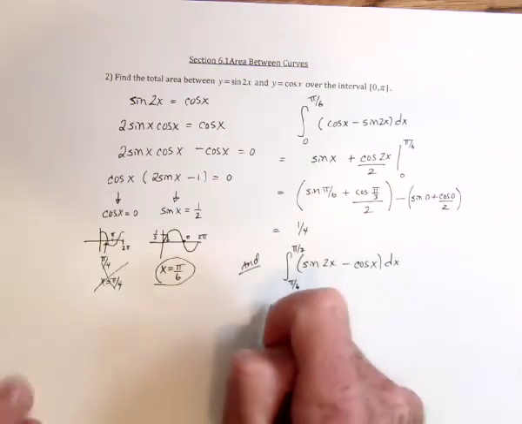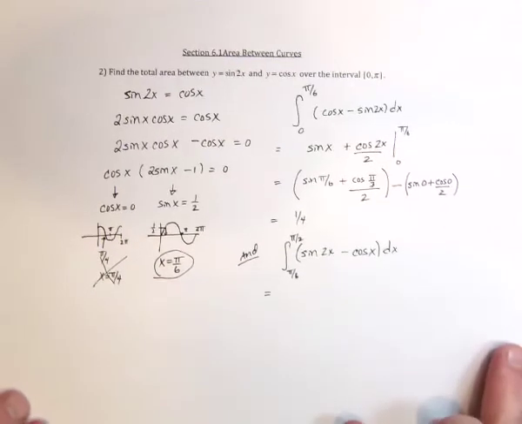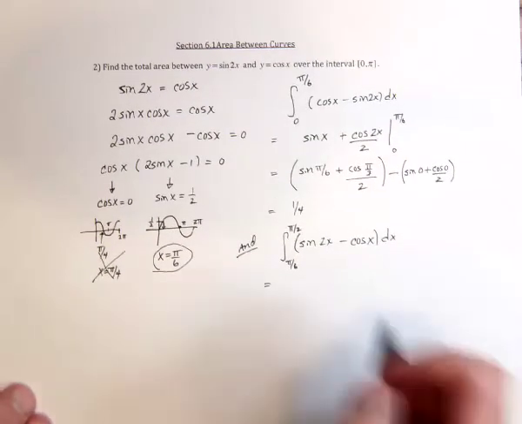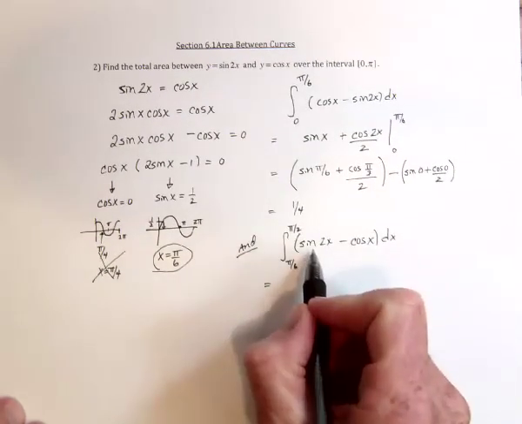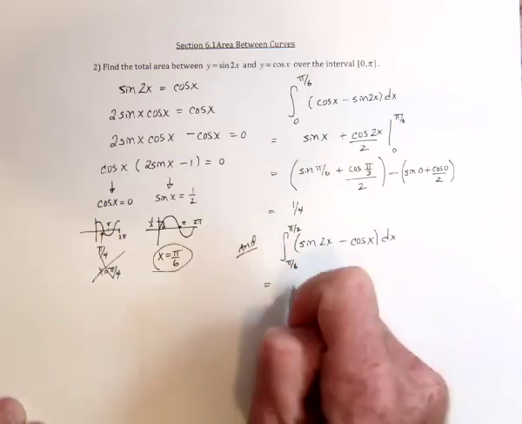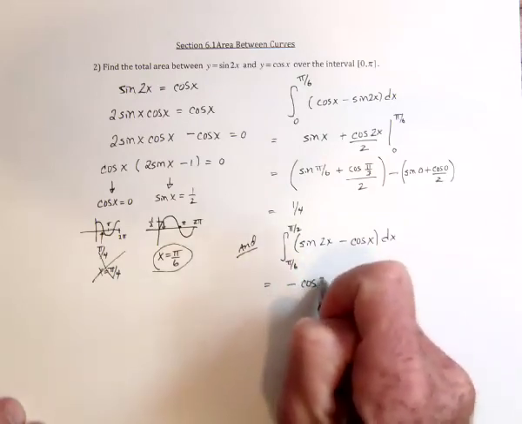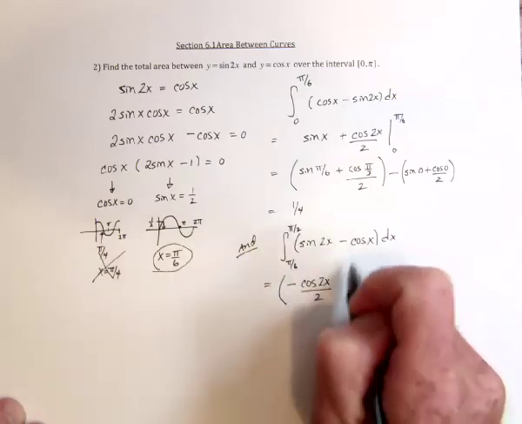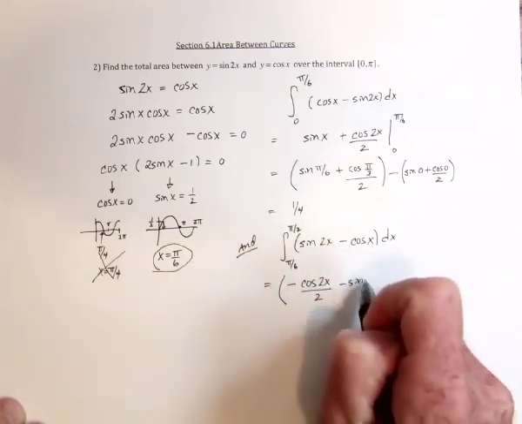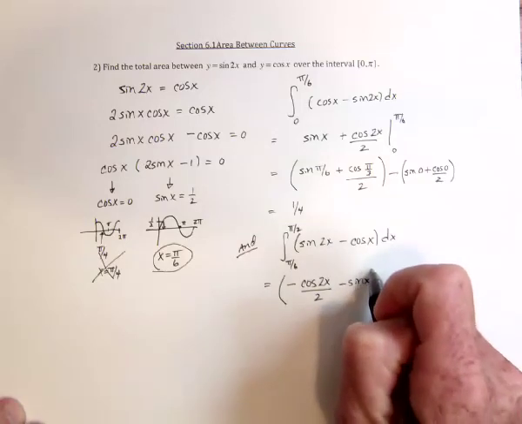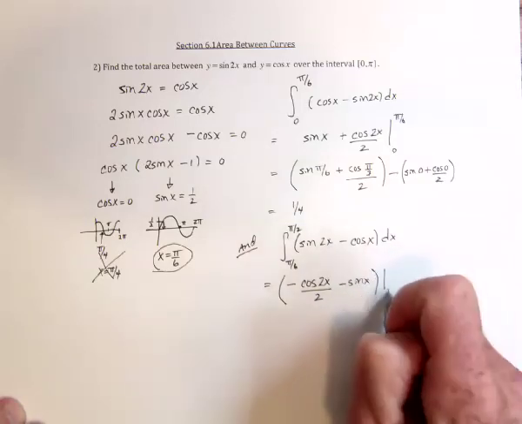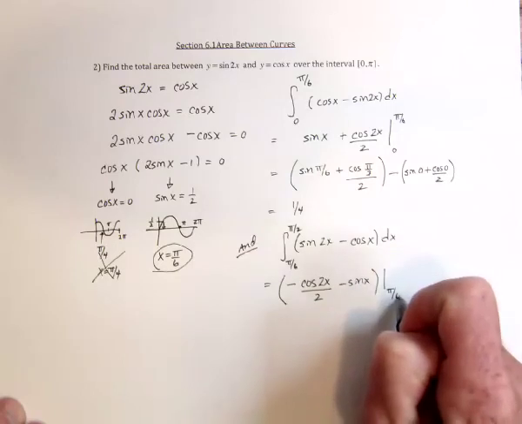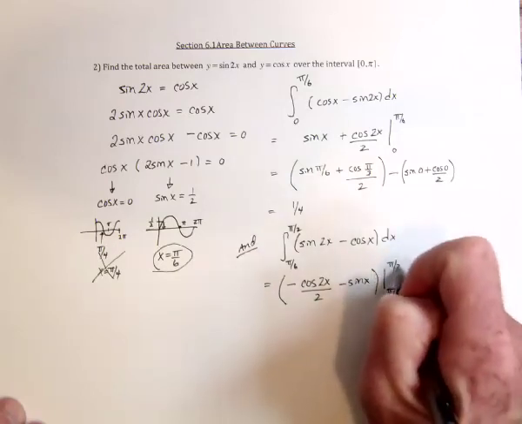And then the antiderivatives are going to be for this, let's see, negative cosine of 2x, and then that's got to be divided by 2. And then this one's going to be negative sine of x. And then evaluate that from pi over 6 to pi over 2.